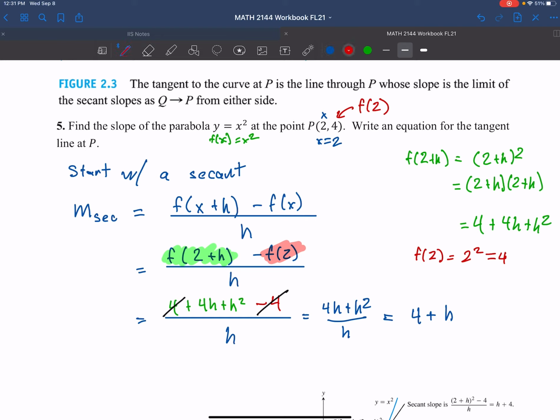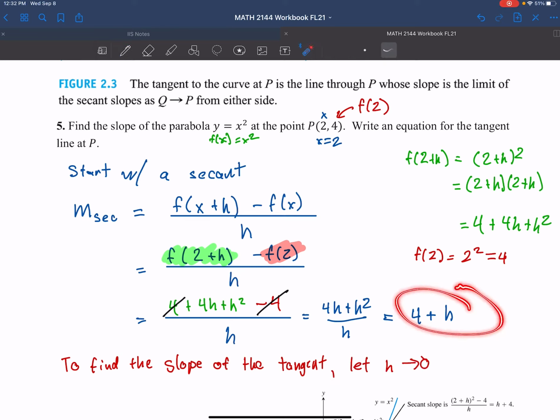So what we're going to need to do is to find the slope of the tangent. We're going to let h go to 0. And think about this value as you let h, and again, it's kind of abstract right now, but just think about 4 plus h. As you just let h get closer and closer to 0, what is this going to end up just being?